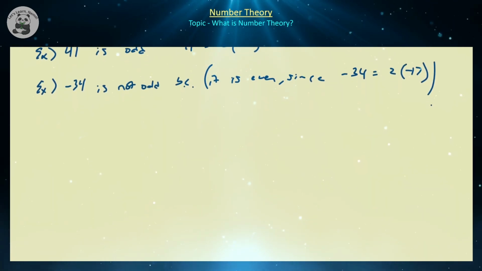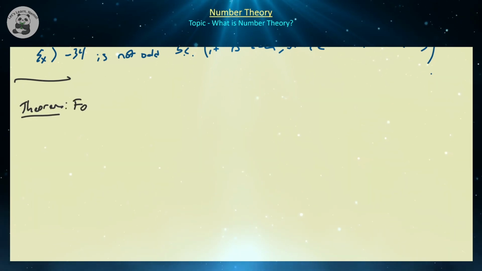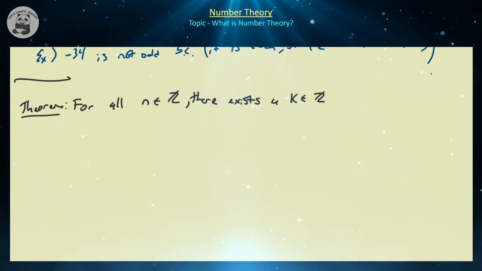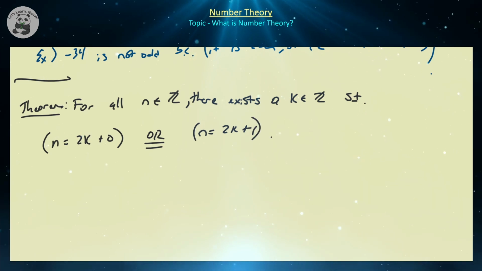Right? So with these two ideas, there's actually one theorem we get immediately from a comment I made earlier. For all n in the set of integers, there always exists a k in the set of natural numbers, and in particular this is a unique k, such that n is equal to 2k plus 0, or n is equal to 2k plus 1.